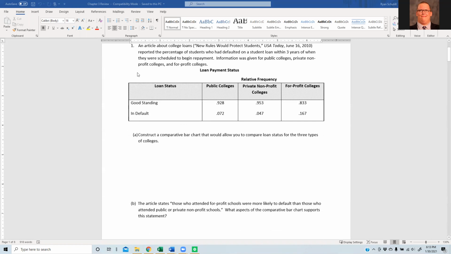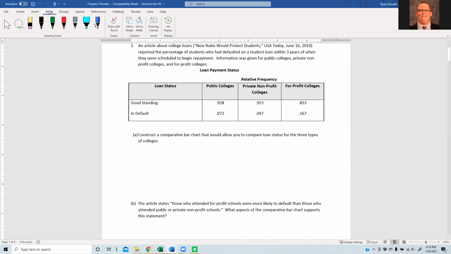So the first thing we would want to do here, since we're doing a comparative bar chart, that's what they tell us here, a comparative bar chart. There's different charts that you could do as far as comparative. The one I'm going to do is, hang on, why isn't this working?